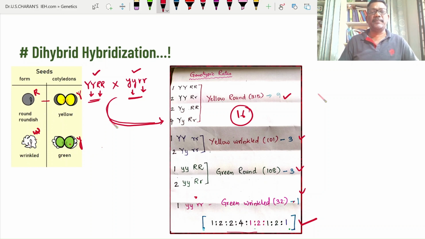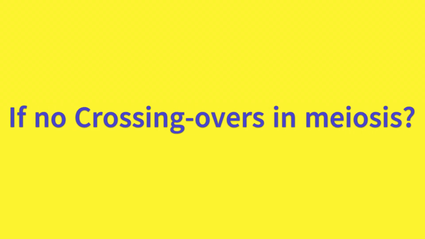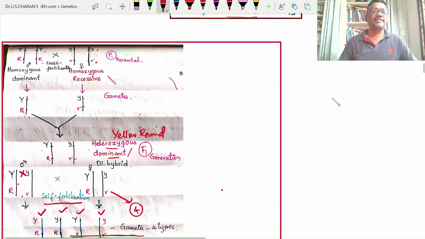Because these parents are involved in crossing over, forming new genetic recombinations, so they are able to form different genotypes and phenotypes in the next generation. This is the proof of independent assortment. If there is no crossing over, only parental type organisms are formed in the next generation. This is the example I am going to take from the experiments of Mendel.